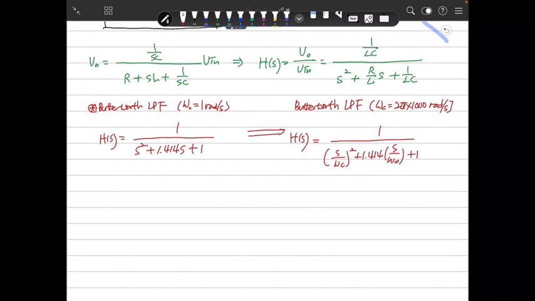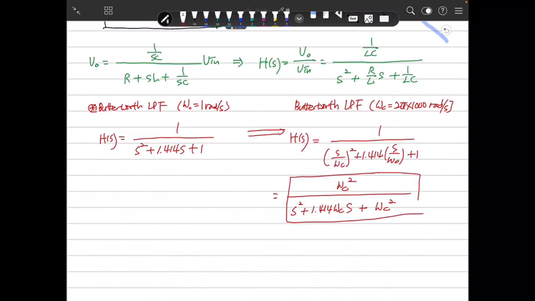So to do that, you can replace the transfer function with s squared plus 1.414 omega C s plus omega C squared, over omega C squared. That is what we want to define to make the transfer function. Then you need to compare these two equations.